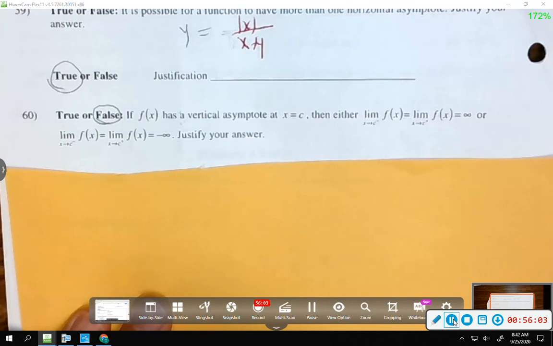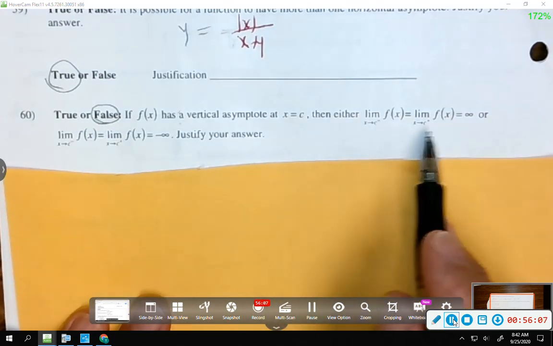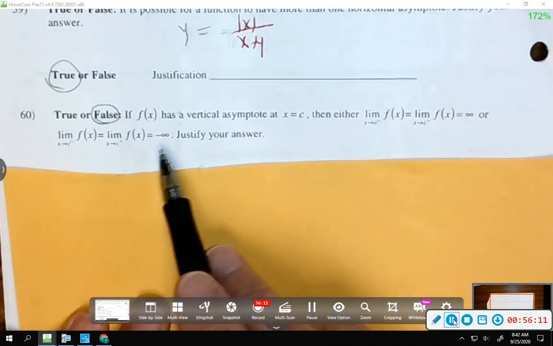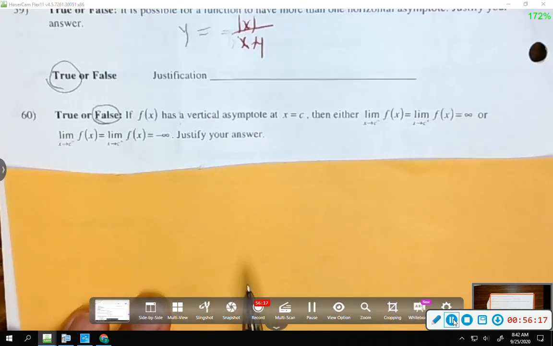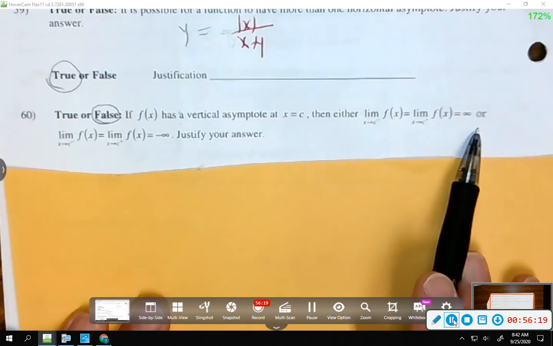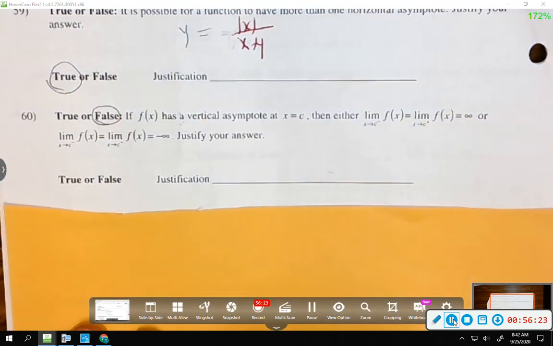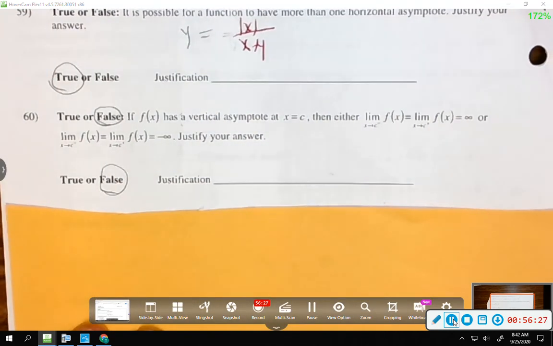Just one does. This is true if you have a volcano that opens downward, right? That goes this way. But they don't have to both go to positive. Only one of them has to go to positive or negative infinity. Okay? So this would be false. And you only have to have one direction go to infinity or negative infinity.